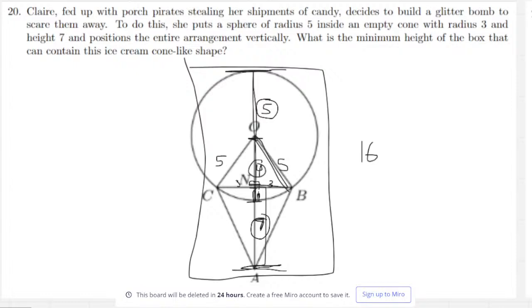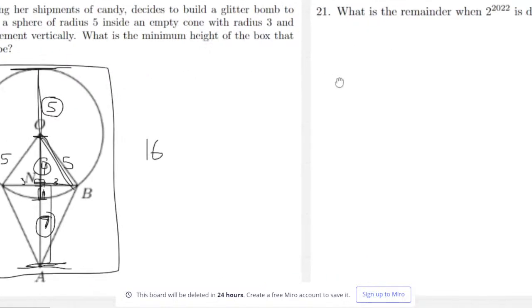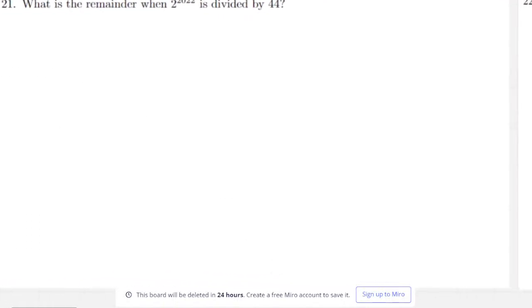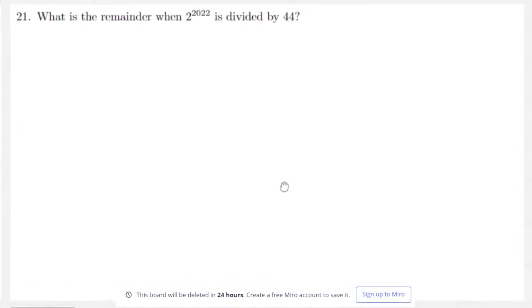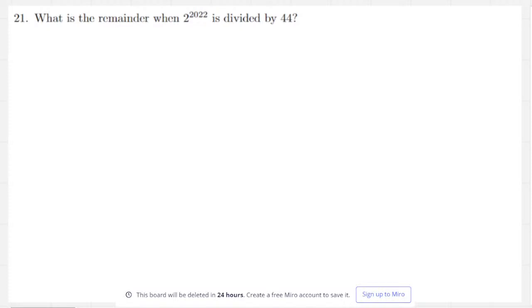Okay, moving on to number 21. Number 21 asks us to find the remainder when 2 to the 2022 is divided by 44.